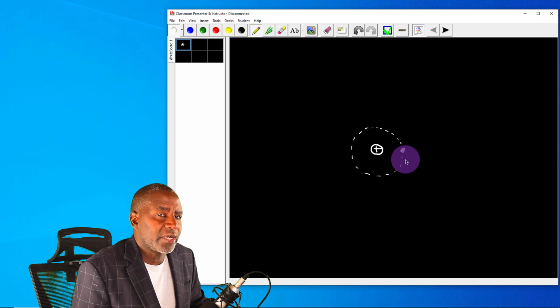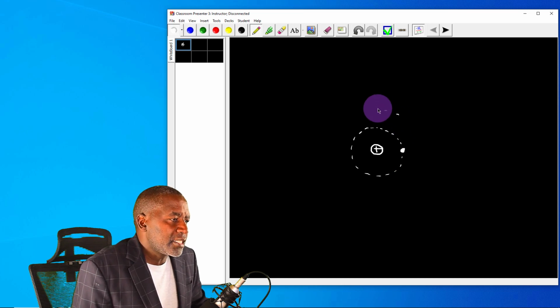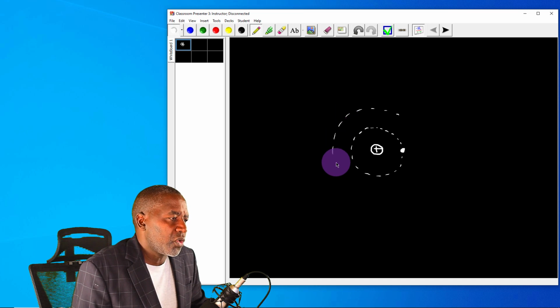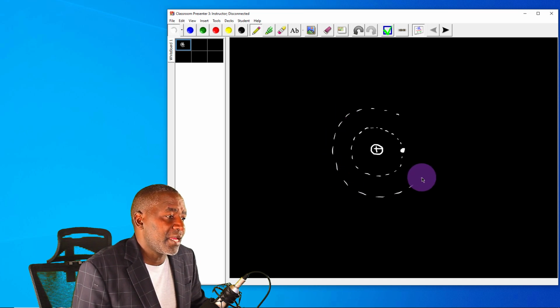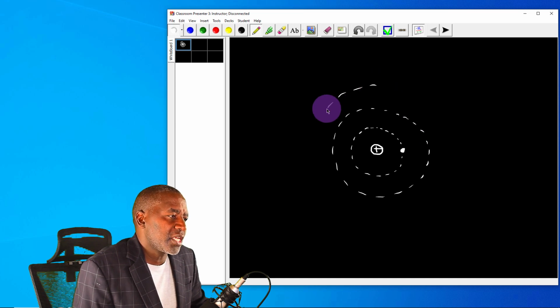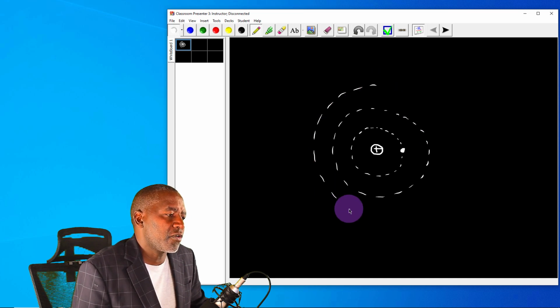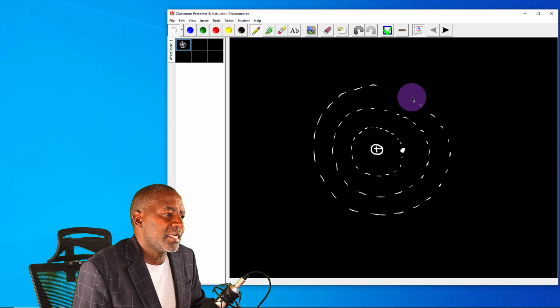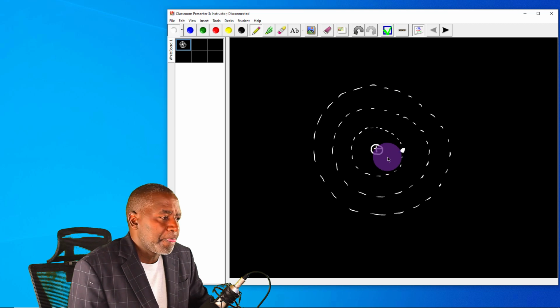The electron is somewhere around here. There exist energy levels, although they are not occupied, around that particular atom. As you go away from the nucleus, these energy levels are closer and closer together.